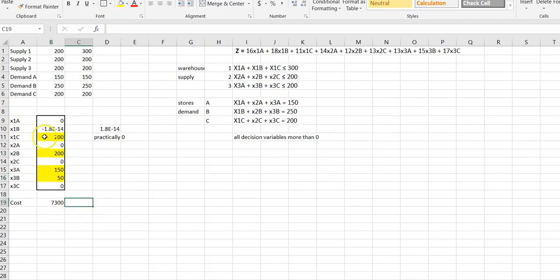So we're just going to send some TVs from warehouse 1 to C, from warehouse 2 to B, from warehouse 3 to A, and from 3 to B. So we're not doing all the routes. That would cost too much. So we're trying to find the best routes to send our TVs to our stores. And that's the end of this lesson.